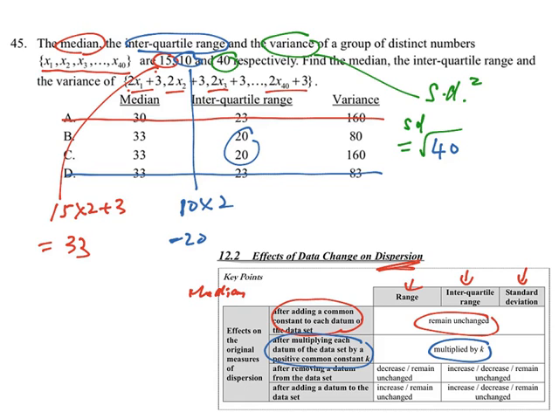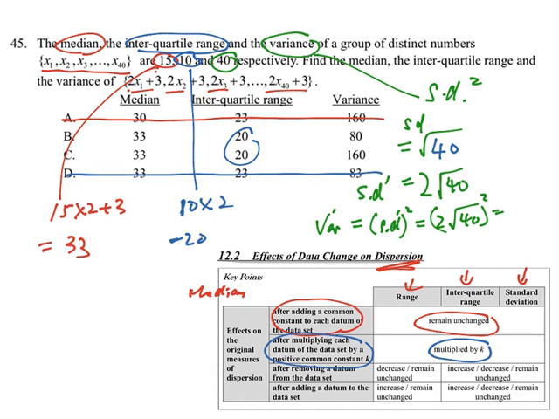For multiplying, sorry, it does change, so we need to times 2 for the new SD. Now the new variance is the new SD squared, so 2 root 40 squared, which is 160. So the answer is C.